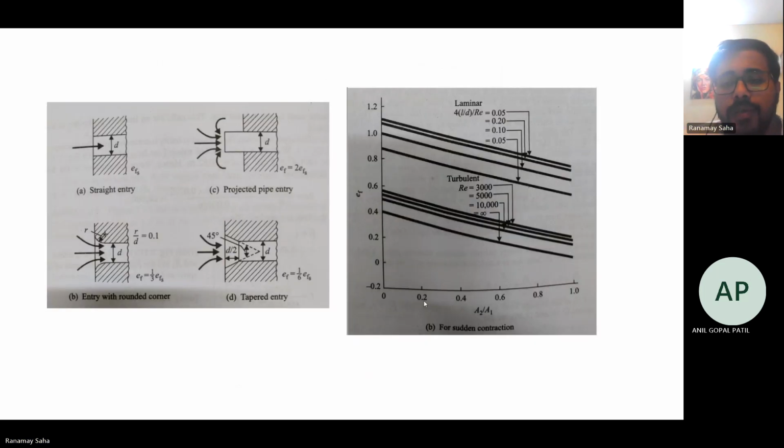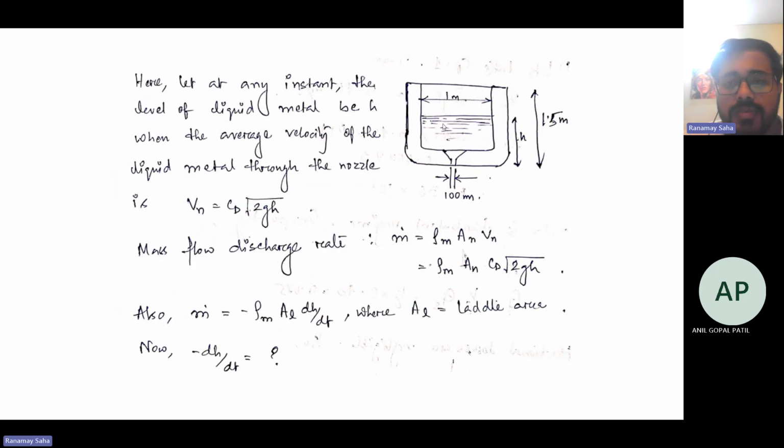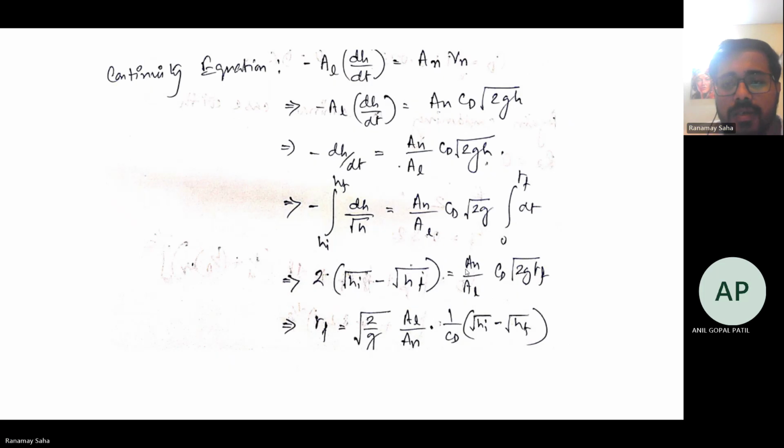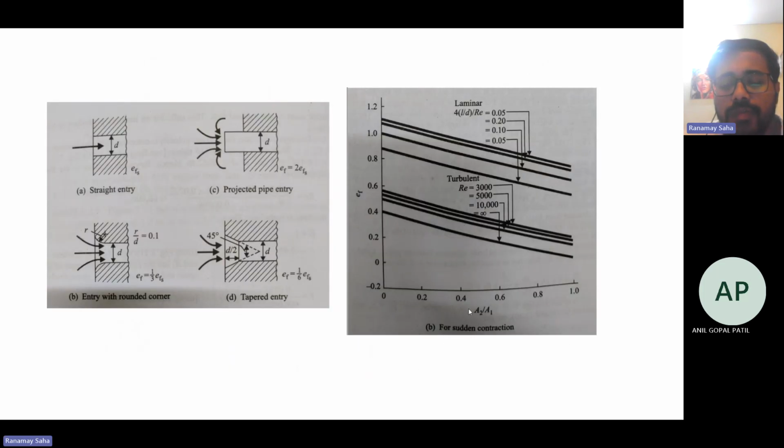Again, if you look at this plot for sudden contraction, this has been experimentally obtained. It is the plot of EF on the y-axis against the ratio of A2 by A1, where A2 represents the ladle area and A1 the nozzle area. With the ratio of ladle to nozzle area versus EF, we get these kinds of curves for different regimes.